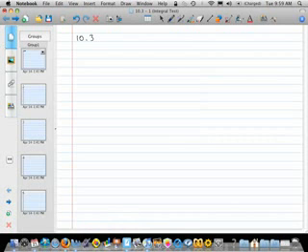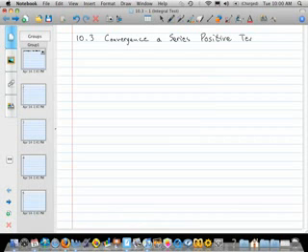This one is just on tests for convergence, and specifically convergence of a series of positive terms. Convergence of a series with positive terms. And you'll see why this is important in a second here.